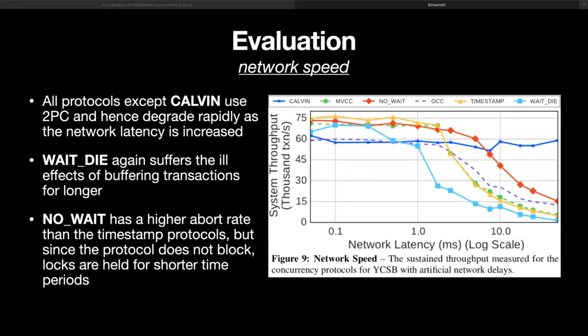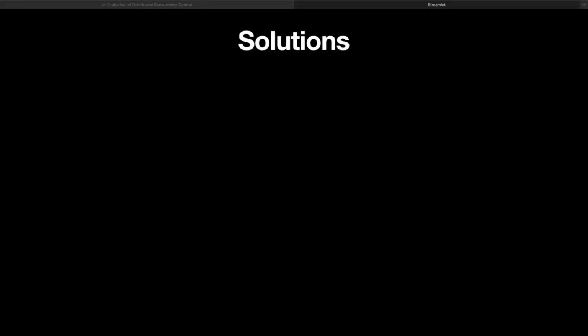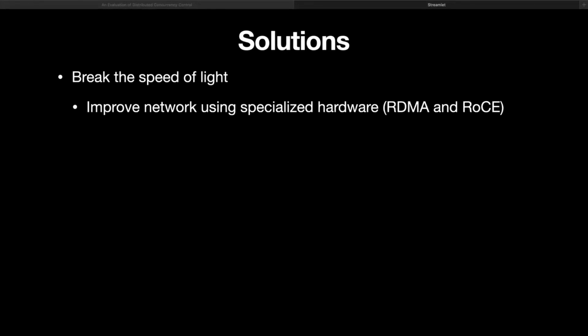So the solutions that the authors propose: first is that you break the speed of light, which is something that you actually cannot do. So the authors suggest that you use some specialized hardware for your network, which can provide you better latencies.